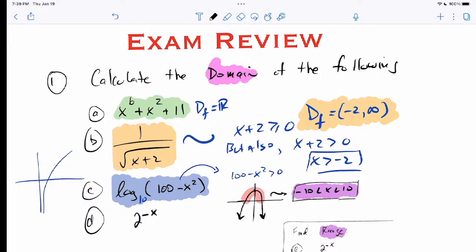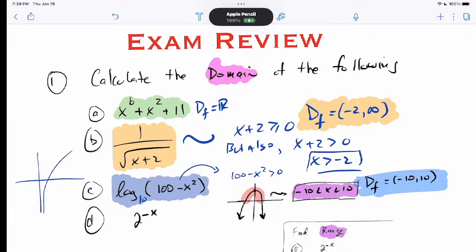Yusria, so far are you with me with these three here? Good.